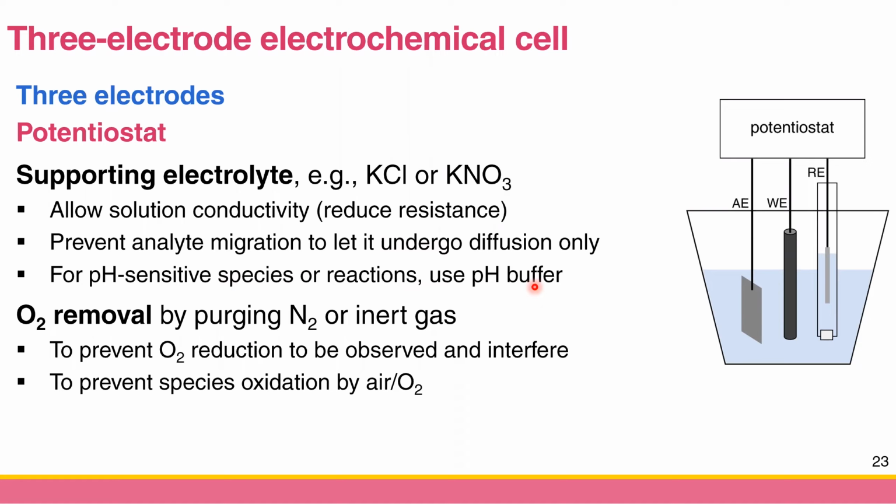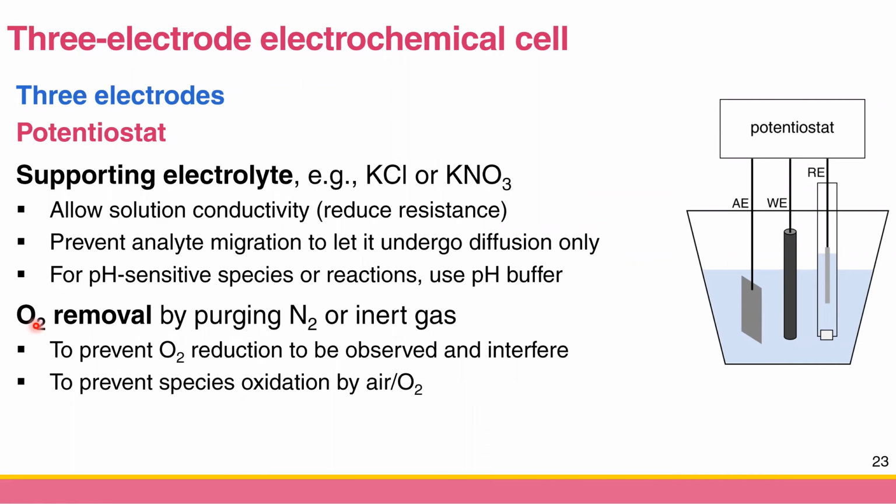If you want to work around pH 7 or pH 6, you use a pH buffer. If in acid, you may use a citrate buffer. In basic conditions, you may use ammonium chloride as a buffer, something like that. So basically, if you want to control the pH, then you will replace this typical ionic salt with the buffer. And the buffer is already ionic, right? So it completes by itself.